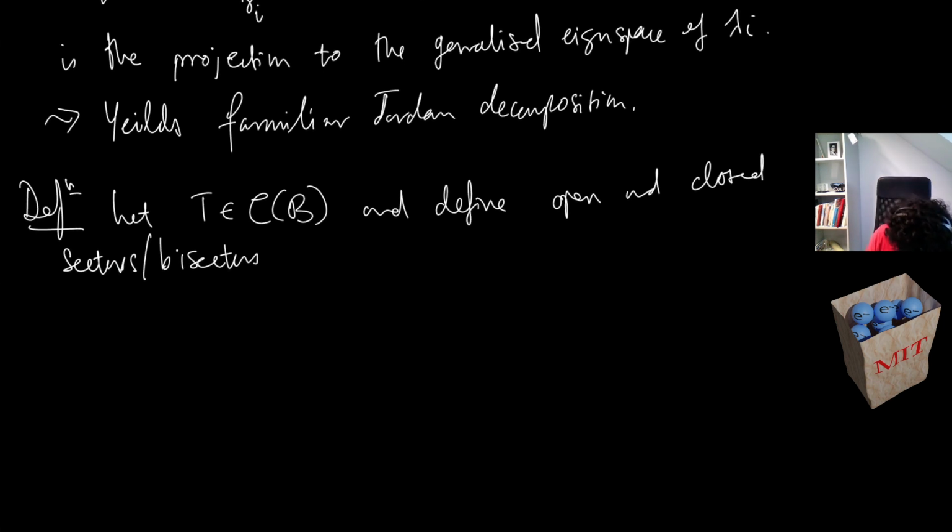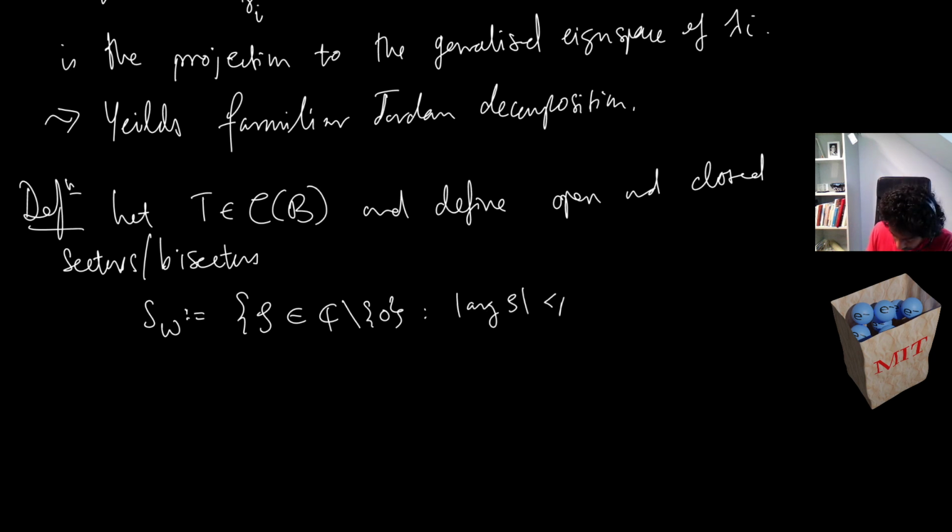S omega we'll define to be the set of non-zero complex numbers zeta such that the argument of zeta is less than mu, or the argument of minus zeta is less than mu. Sorry, this is mu, not omega.